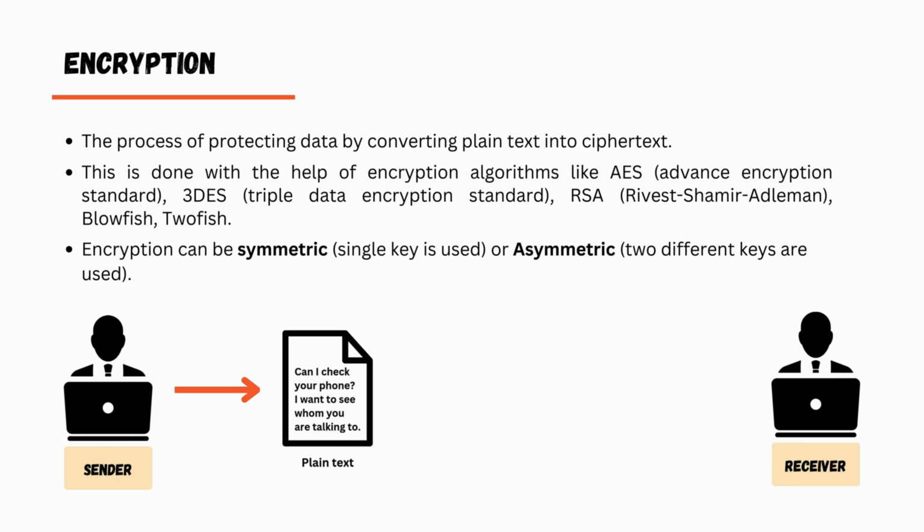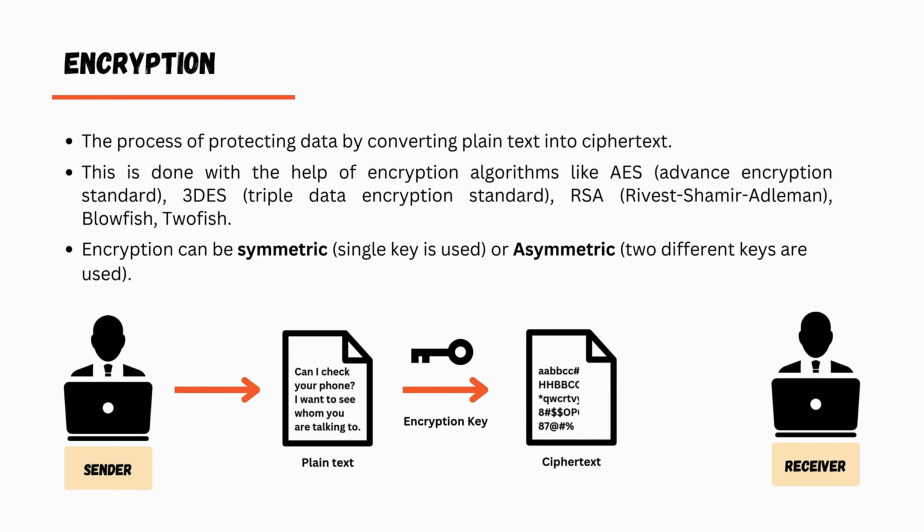Now this clear text message is taken through the encryption method, either a symmetric or asymmetric encryption method. Let us suppose we will use symmetric encryption here. Once this plain text is taken through the encryption method, we will use a key called the encryption key for encrypting this plain text data. After the encryption process, this plain text gets converted into the ciphertext.